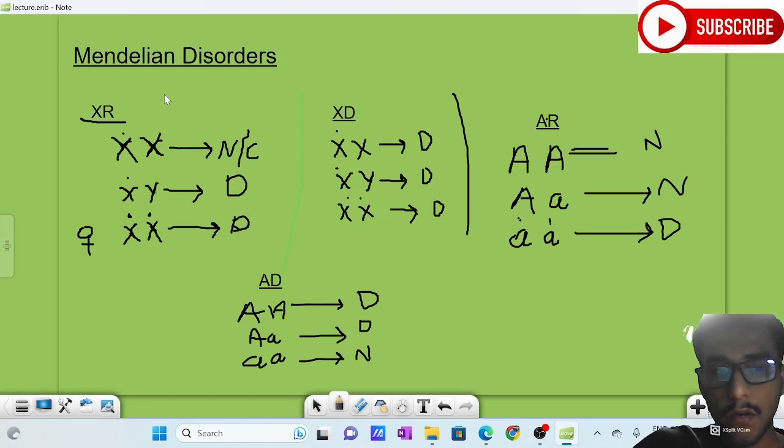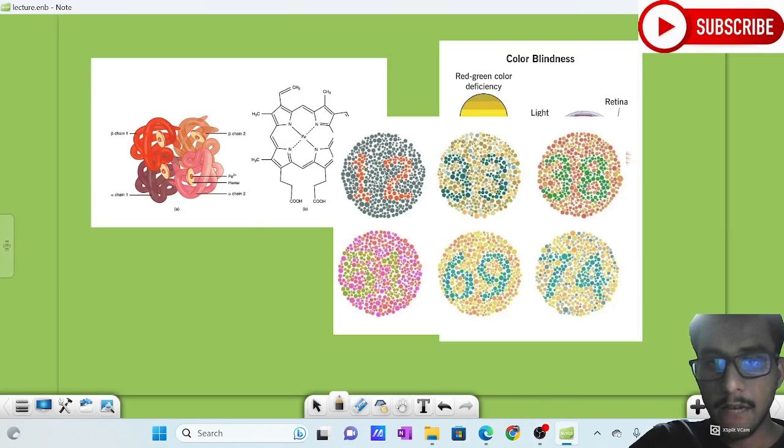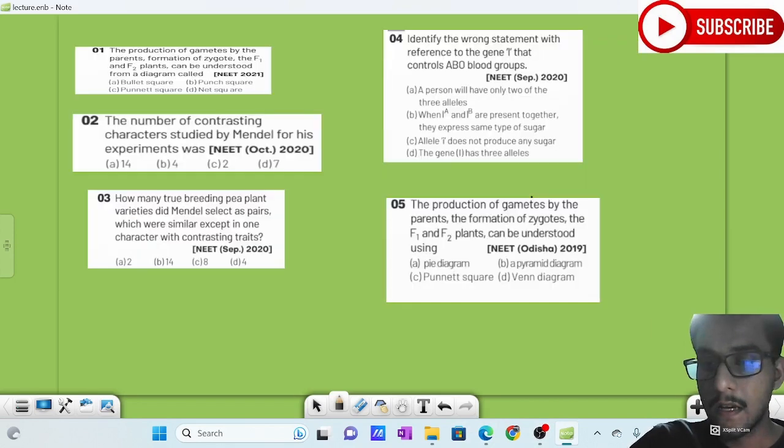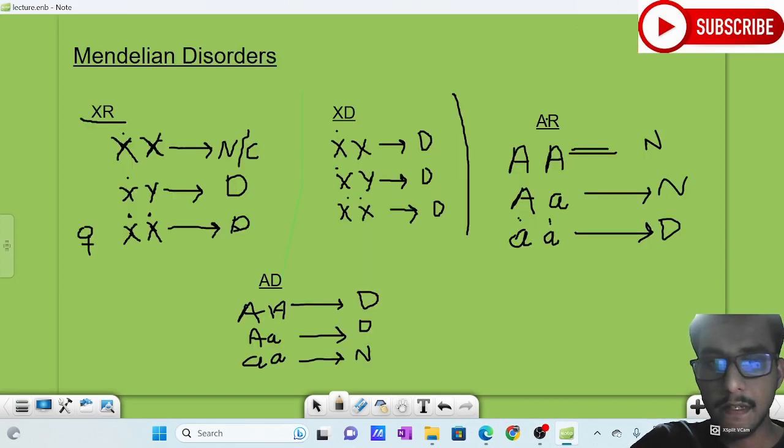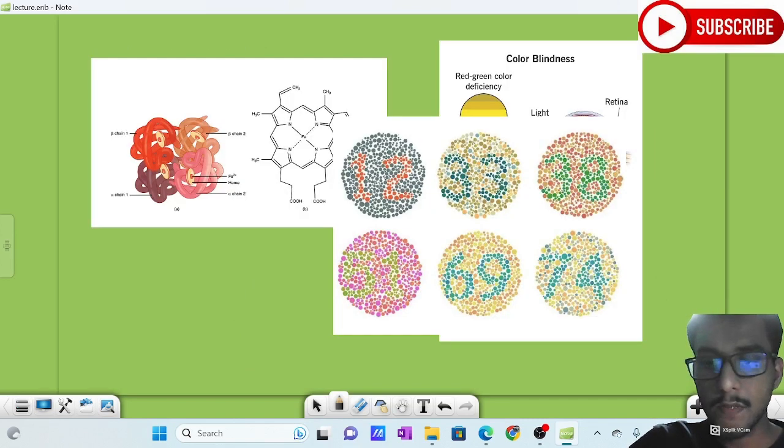I think you have noted down the examples of each and every group. So first we are going to look at color blindness. I have taken some pictures of color blindness. I think you have written it, right? So first we are going to discuss color blindness.